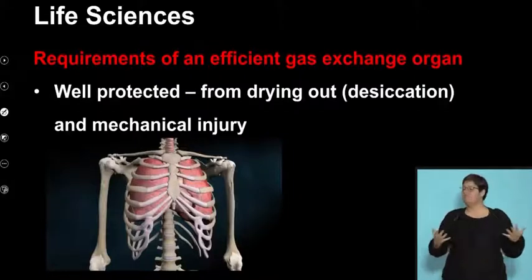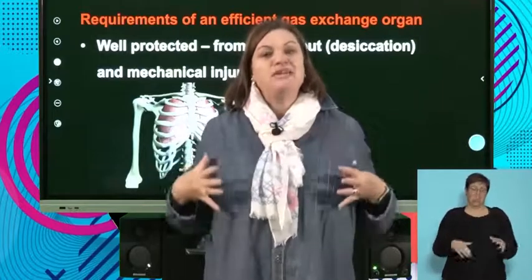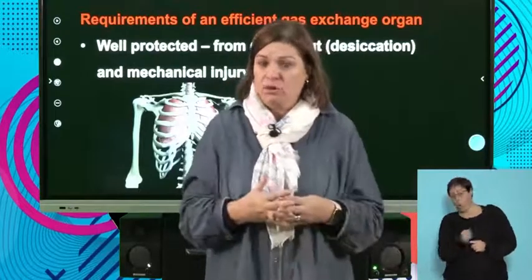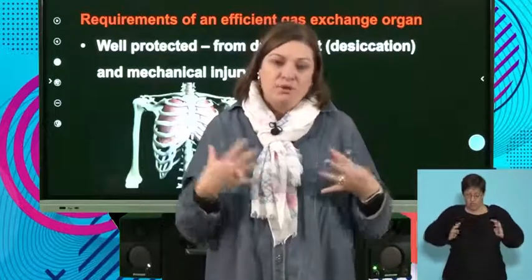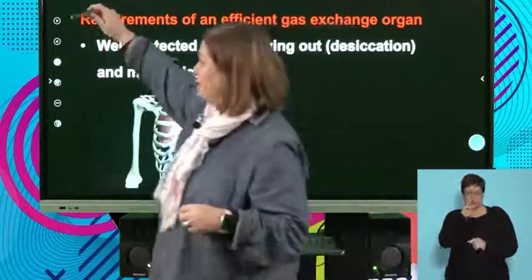And one of the requirements, which is not always necessary, but for us it's going to be, is that our lungs are really important, so we need to have them well protected. This is not necessarily a feature in all the organisms that we're going to look at, but for us, ribs, well protected, is definitely going to be part of what we need.